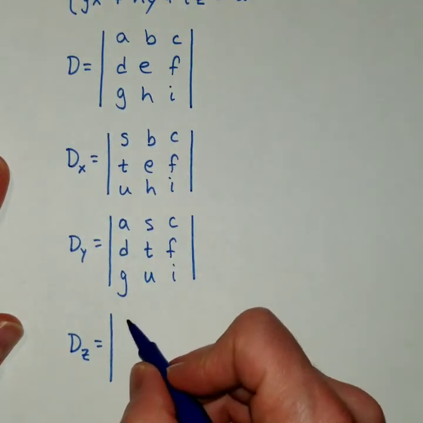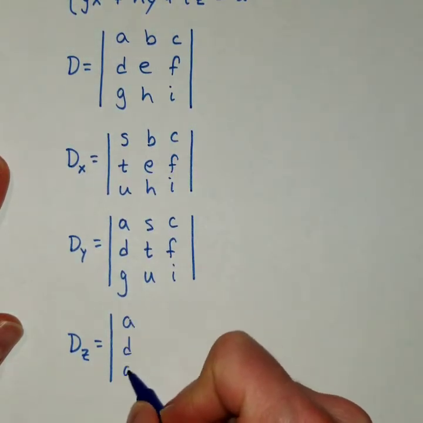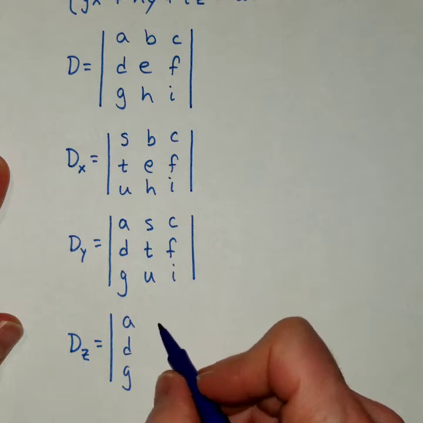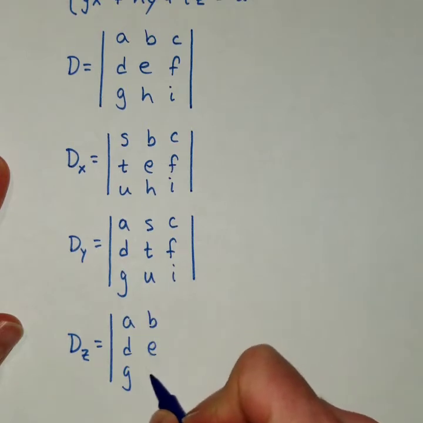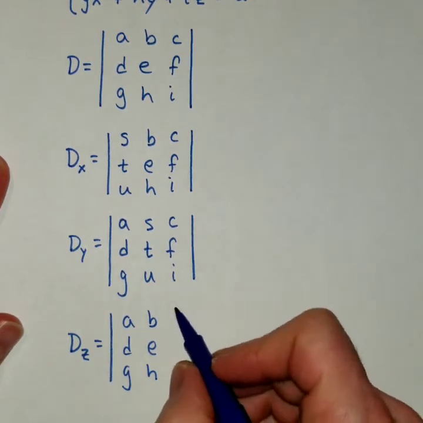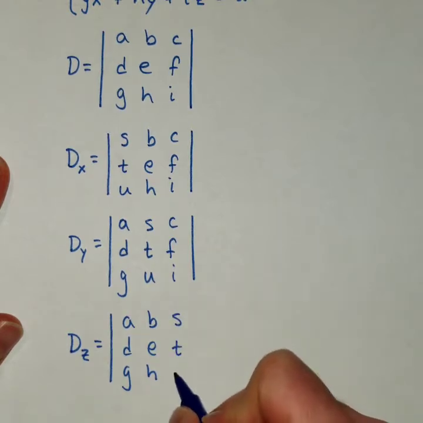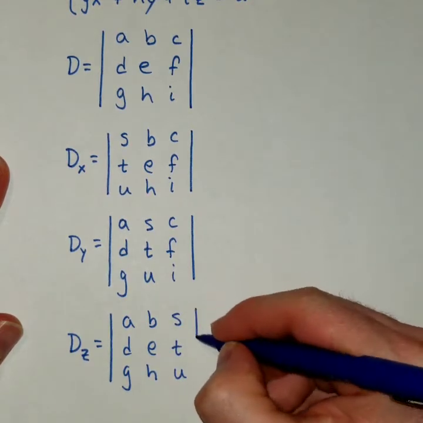So we get A, D, G going down, B, E, H, and then S, T and U.